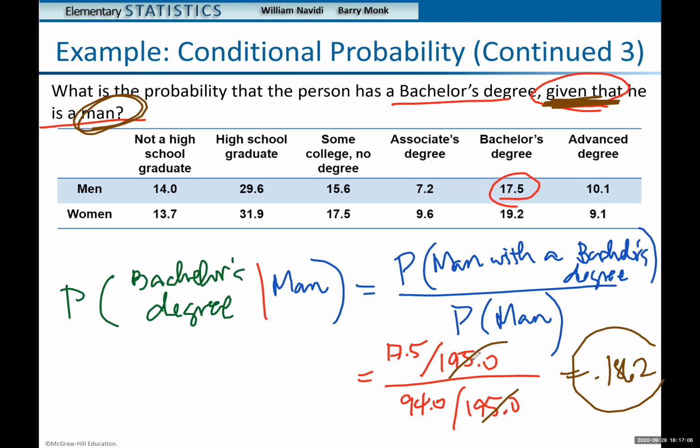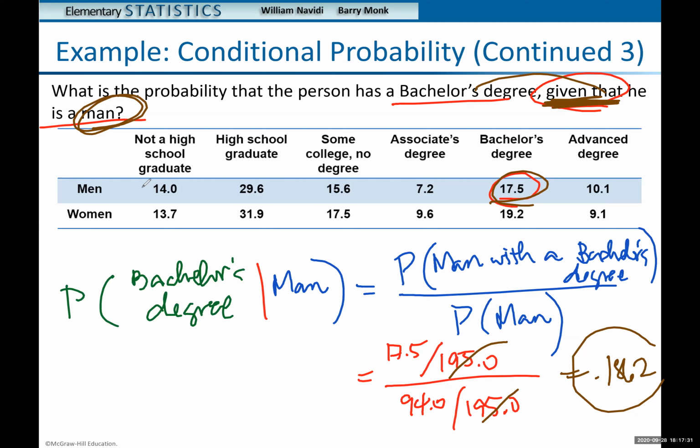And the other event is going to be bachelor's degree and at the same time a man. So you'll see later that that is also part of multiplication. So a man with a bachelor's, combination of the two. So that's why you have 17.5 here, a man with a bachelor's degree.